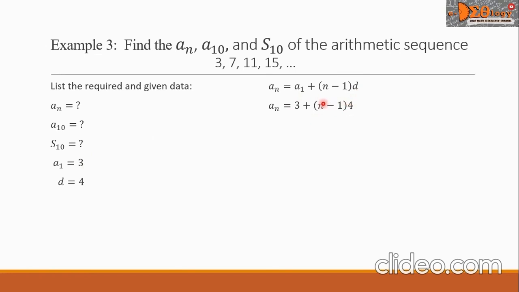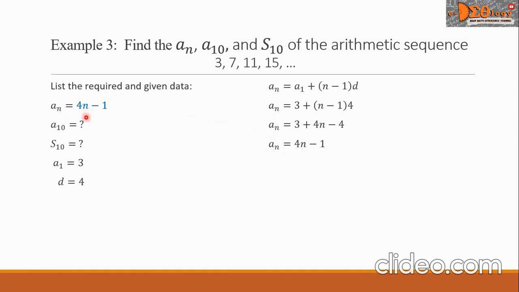So 4 times n is 4n. 4 times negative 1 is negative 4. Then let us combine this positive 3 and negative 4. So we have negative 1. So our a sub n equals 4n minus 1. So this is the value of a sub n as a function of n. Let us copy this value opposite a sub n in here.